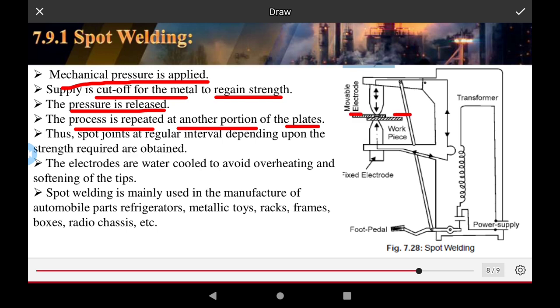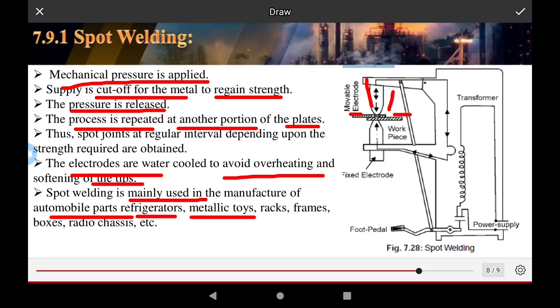This is the metal electrode, and second is the workpiece, with fixed electrodes. These electrodes are water cooled to avoid overheating of the spot of the lap joint. Spot welding is mainly used in manufacturing automobile parts, refrigerators, metallic toys, rocket frames, boxes, and radio chassis.